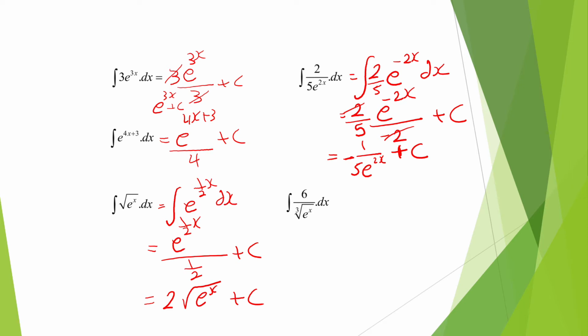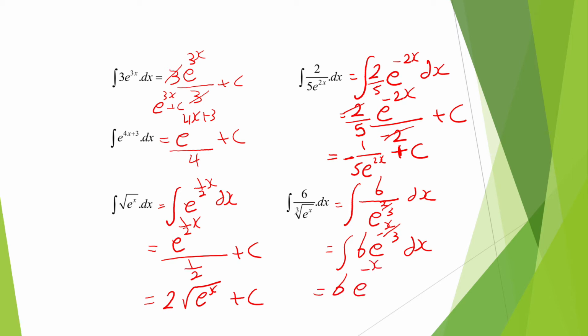This one here is in radical format. So first we're going to rewrite it in index format, and then change it to the numerator, moving it to the numerator here by changing the sign of the power, and now it is ready to be integrated. So you rewrite it again, divide by the differentiation of the power, and now rearrange.